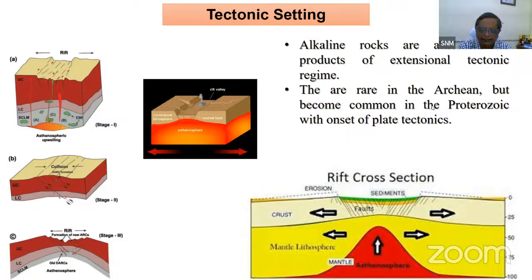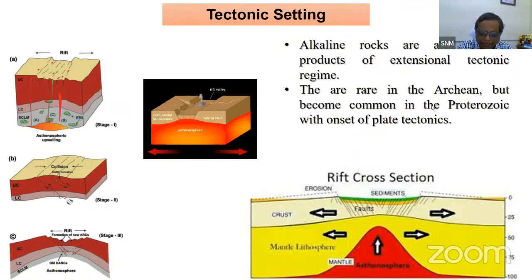And now the complex variety of rock types we encounter in any alkaline complex, like carbonatites or syenites or nepheline syenites or leucitites or tephrites, such kinds of compositions derive because of the source and the nature of the mantle.